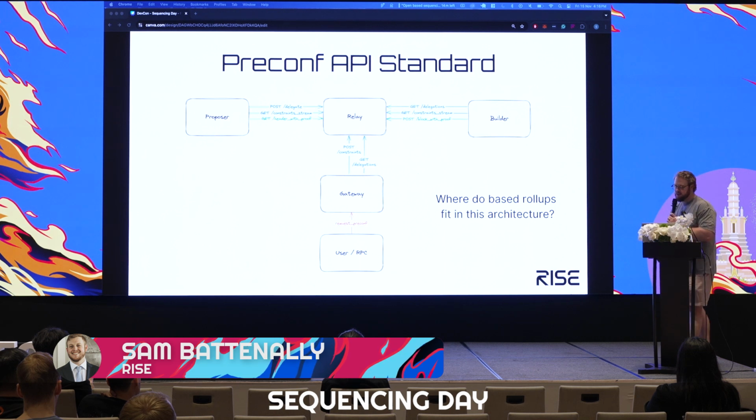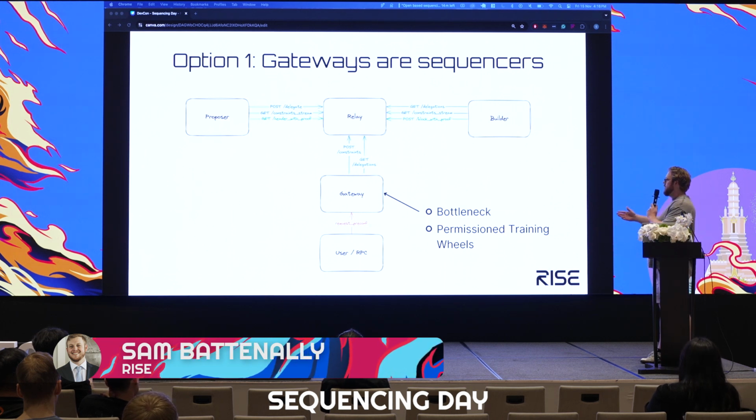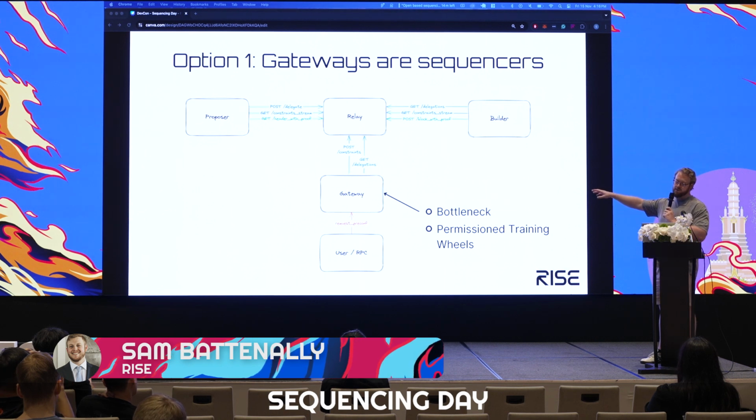But the question I ask is, where do based rollups sit in this architecture? Option one is the gateway provides sequencing for rollups. So a gateway provider, be it chain bound through Bolt or Luban or even Puffer, provides this sequencing through a gateway of sorts.